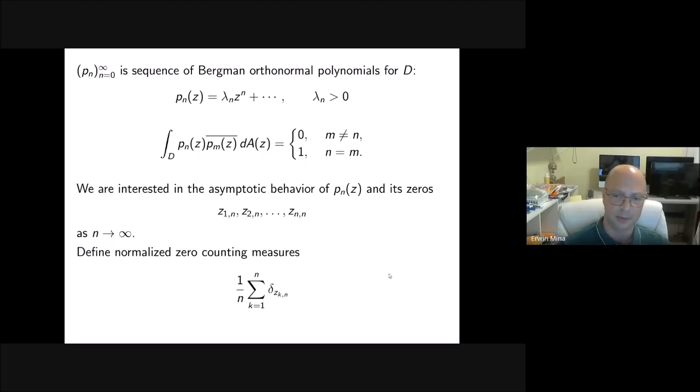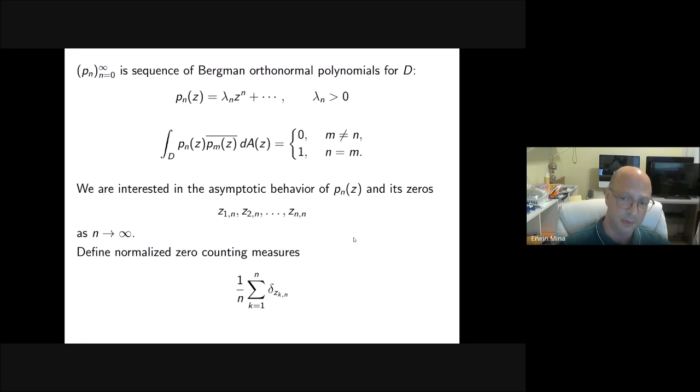Now, all of you who have worked in orthogonal polynomials are very familiar with the concept of normalized zero-counting measures associated to the polynomials. It's the measure that places a mass point at each zero of the polynomial, counting multiplicities, and you divide it by the degree of the polynomial. So it's the average of these mass points at the zeros of the polynomials.